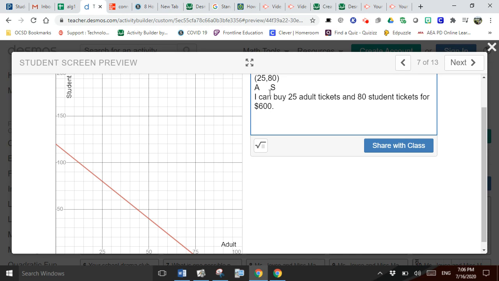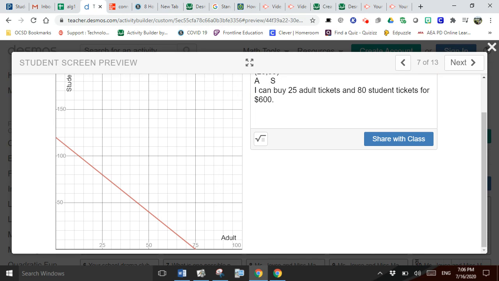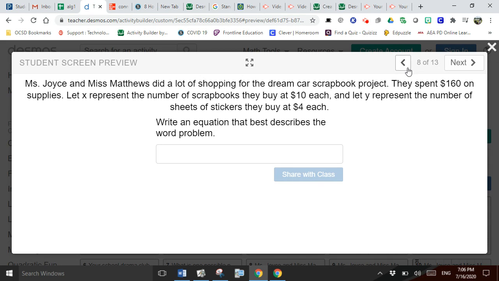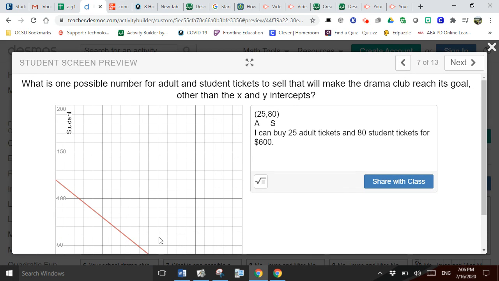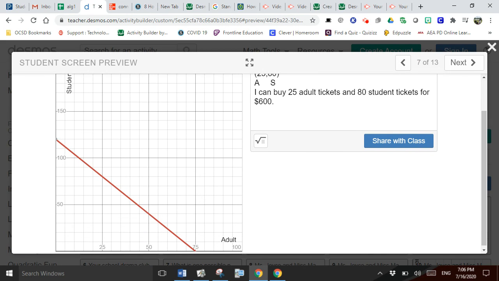Now take a look down here. Let's see if we can find another one. Do you see another one that looks like it's exact that I think I can figure out? Hopefully you located this one down here at 50. And it looks like it's right about 50 and 40.